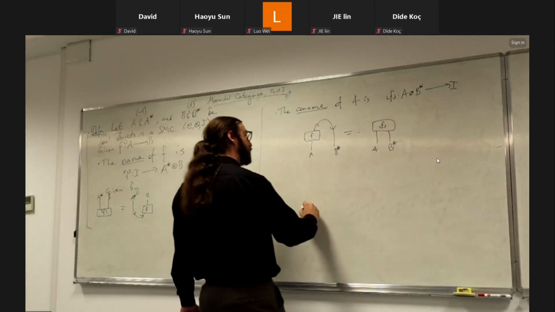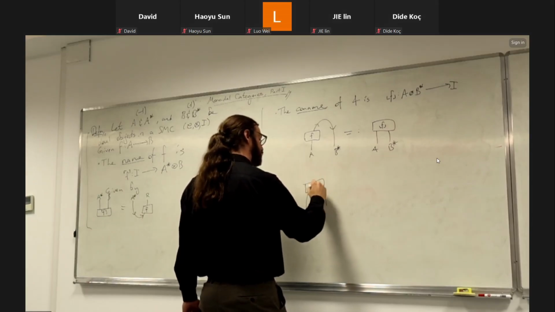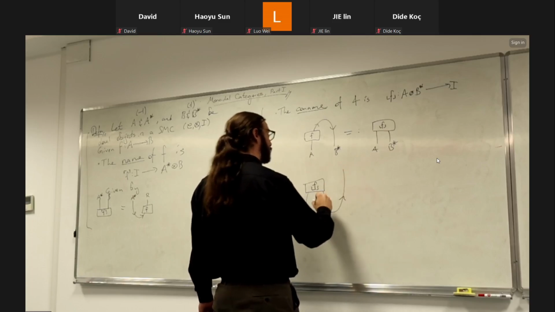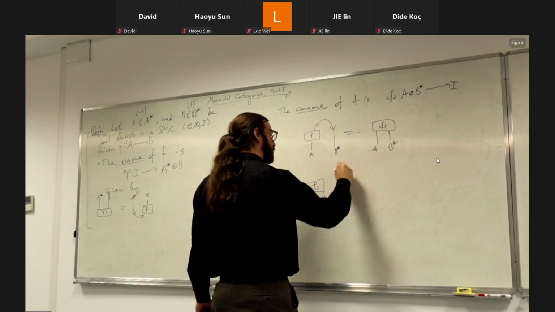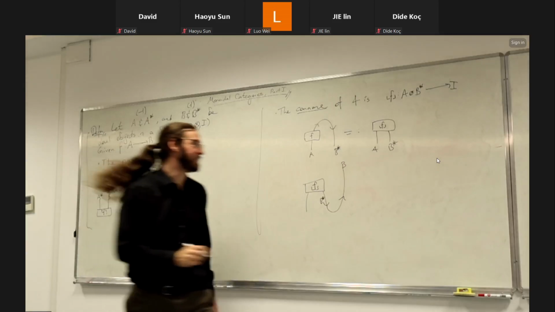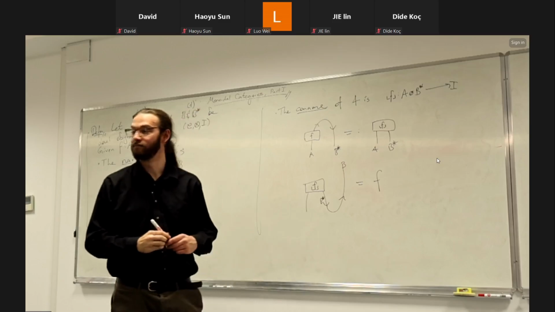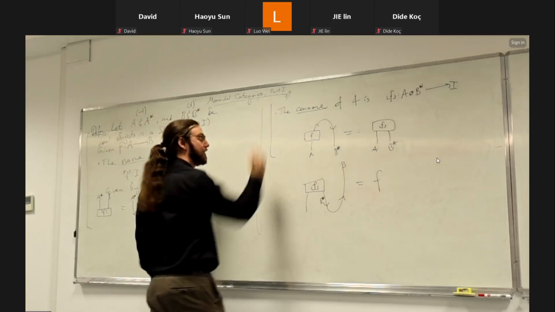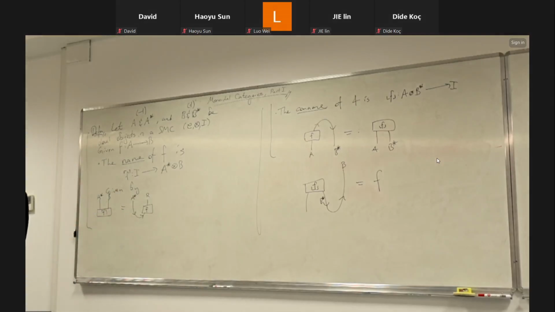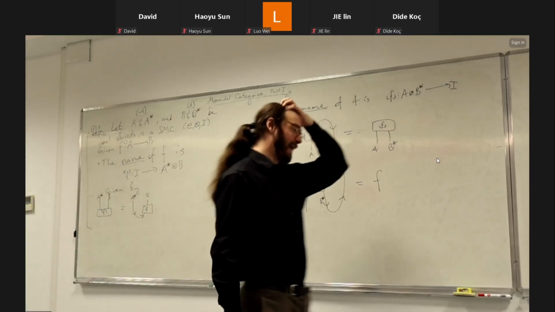Yeah, if you know the coname, and you compose it with the piece of duality data, you get F back. And similarly for the name, you use the other piece of duality data. So these really do uniquely determine F.